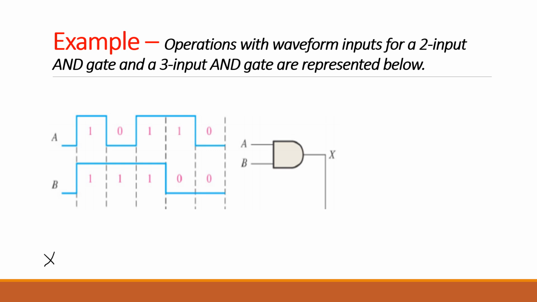Where is it becoming 1? You need to identify where both are 1, isn't it? Both are high. Which areas are like that? We have this and this. That's all. Agree? So how will your output be? You have a peak only in these areas. Am I right?